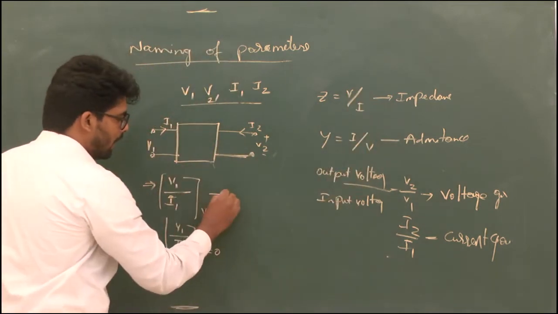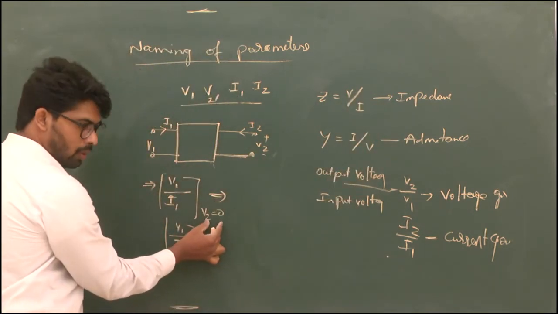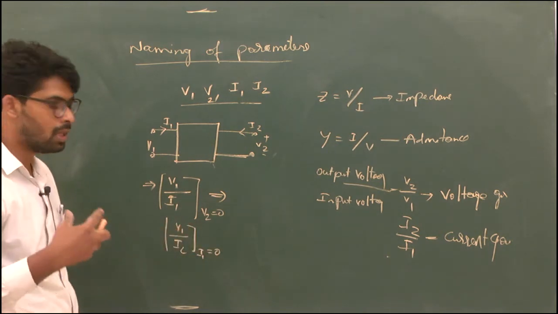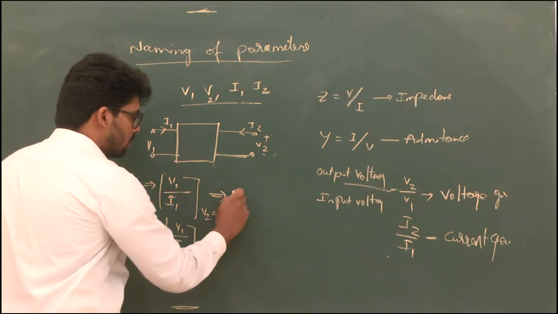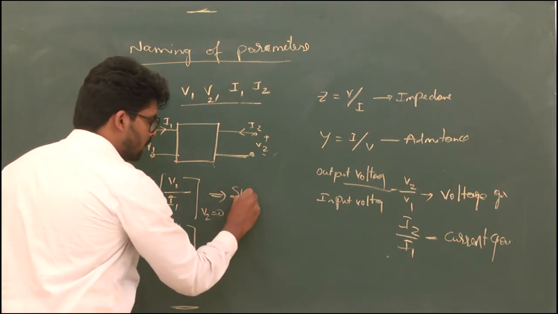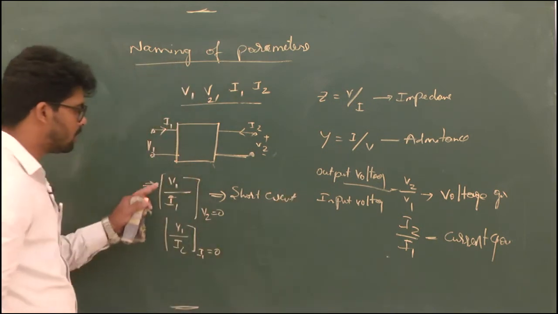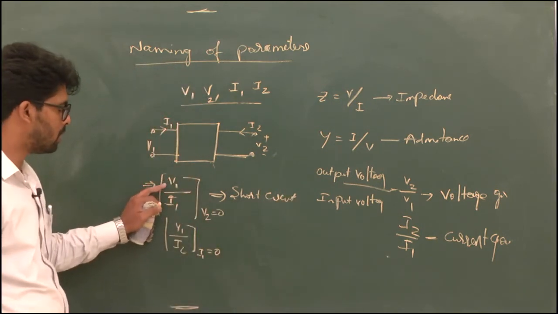We name that by the condition on the other port. V2 equal to 0 means voltage is 0, which is a short circuit. So the response we get is an impedance response.